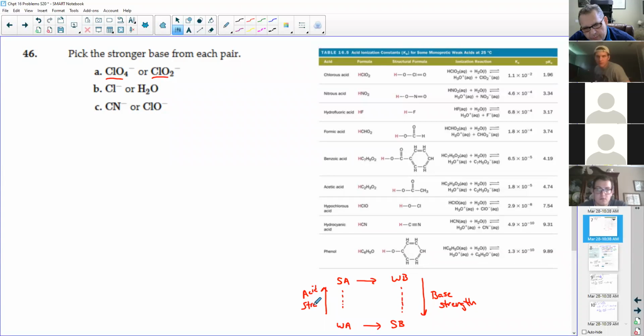So when we look at this comparison, we need to look at, in terms of the base, what is the strength of the acid? We think about these in terms of strength of the acids. If I look at this one, its conjugate is a strong acid, and this one's conjugate is a weak acid.